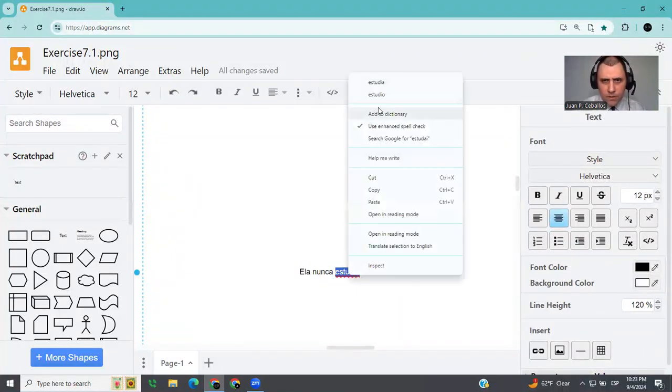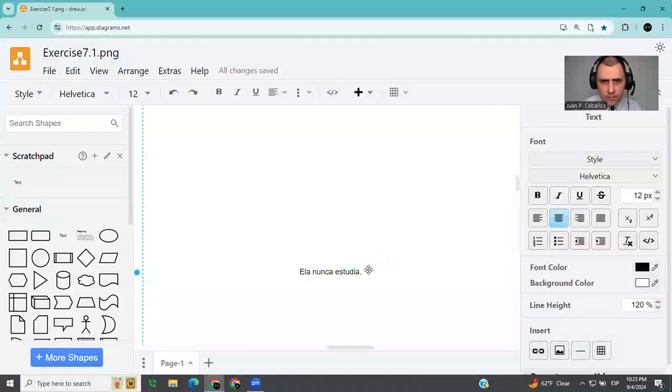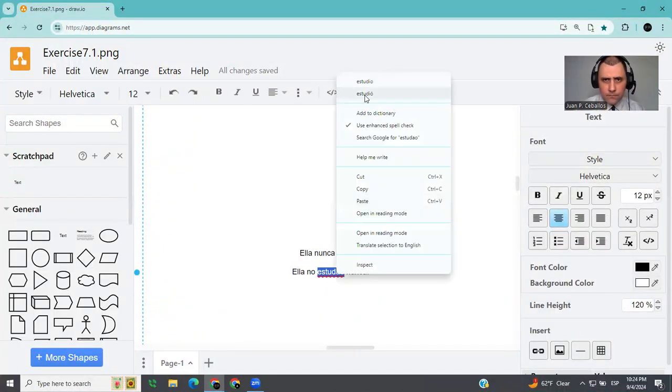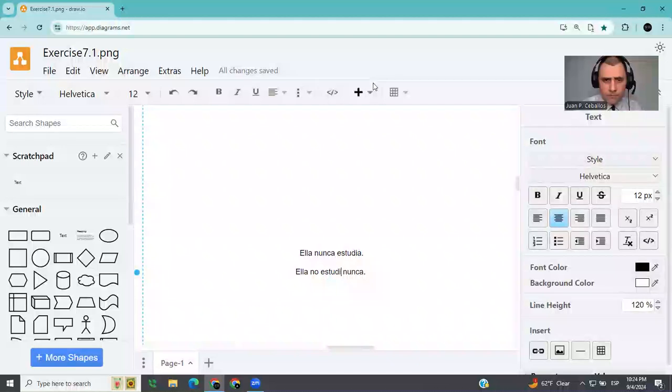She never studies. Another way to do this would be, let me put ella. And the second way that is also very common will be ella no estudia nunca.